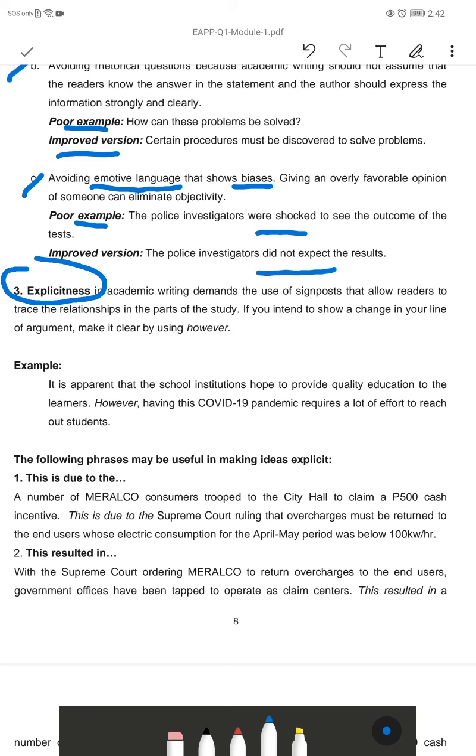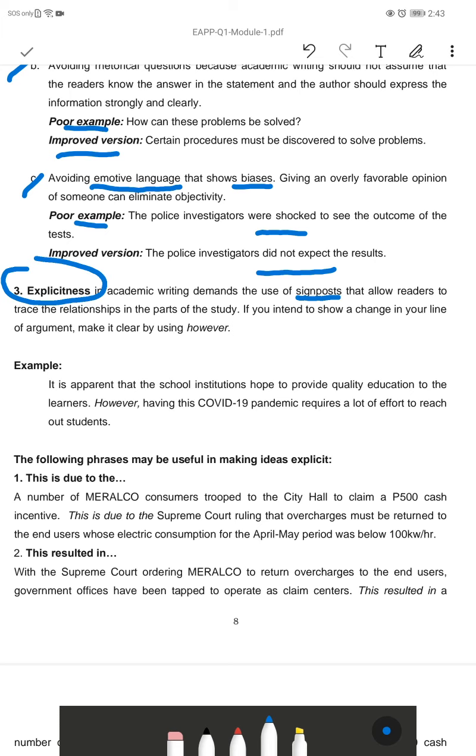In academic writing, explicitness demands the use of signposts that allow the readers to trace the relationship in the parts of the study. So when we say use of signposts, it simply means that as a writer, you should be clear in discussing the topic. So these signposts are like clues, word clues that the readers will follow for them to better understand your writing.